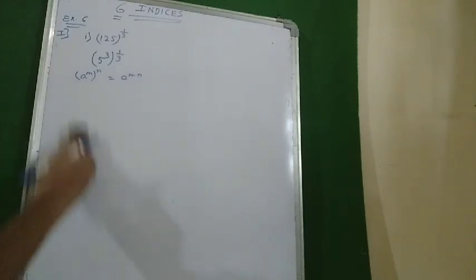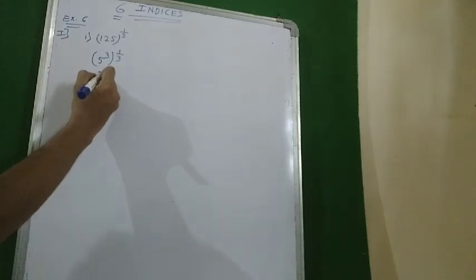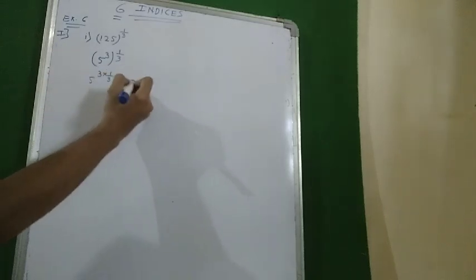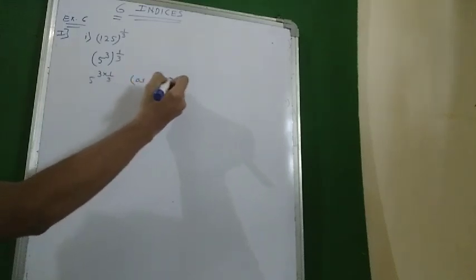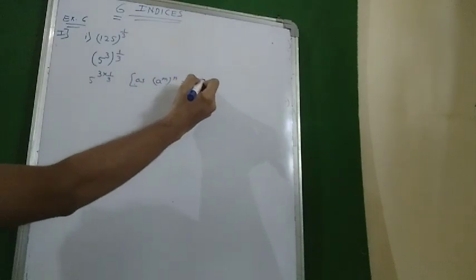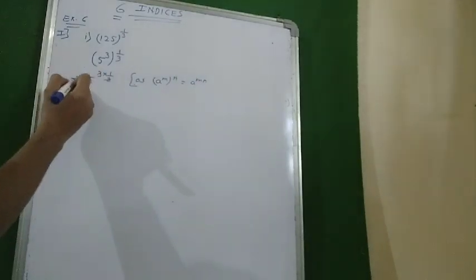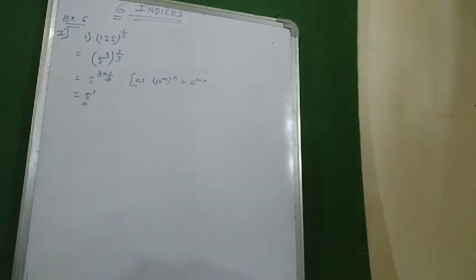So this will become 5 raised to 3 multiplied by 1 upon 3. So 3 gets cancelled. The answer is 5 raised to 1.